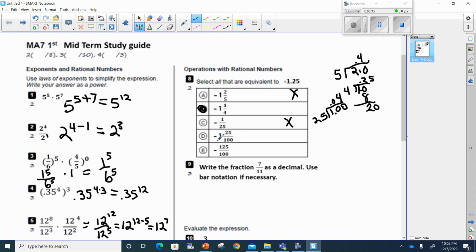D, we've got negative 1 and 25 over 100. This is going to work perfectly. I know 25 over 100 is 0.25, but we'll check it out just for argument's sake. We're taking 25, we're dividing it by 100.